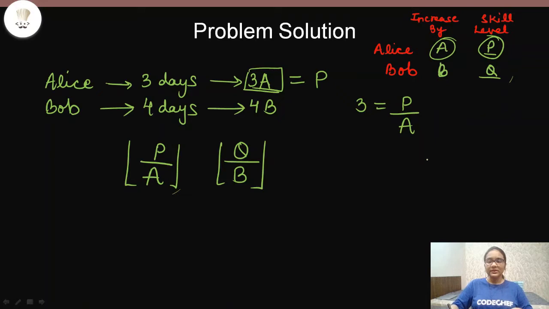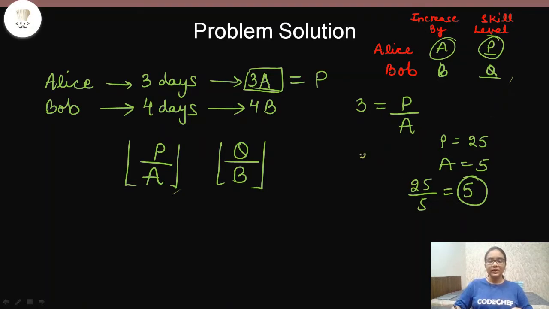So suppose, for example, P is equal to 25 and A is equal to 5. 25 divided by 5 will give us 5. That means if the work is done for 5 days, then this skill level 25 can be achieved.